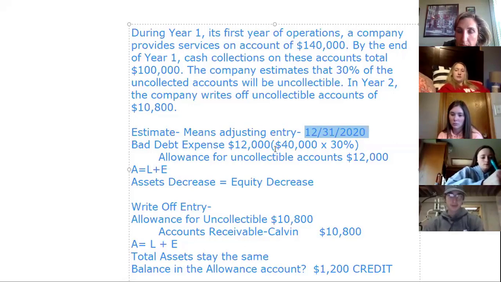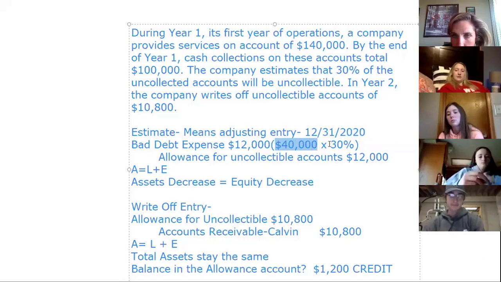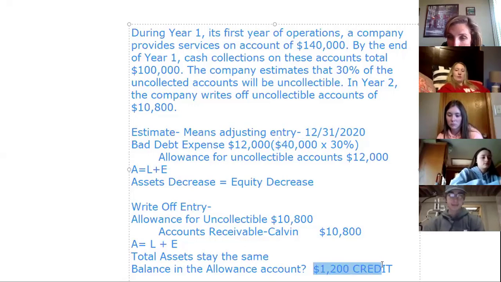If the balance of my accounts receivables was 40,000 and I estimated that 20% was uncollectible, I'd be really saying that I need that balance to end up being $8,000, right? I will not make an adjusting entry for $8,000. I will make an adjusting entry for $8,000 minus 1,200. I would only have to put 6,800 into that account.